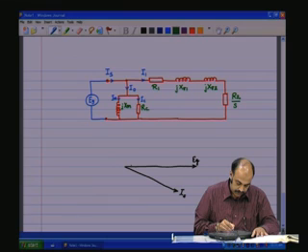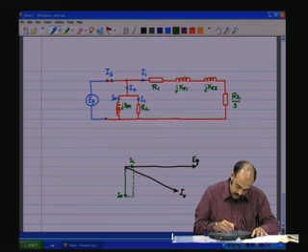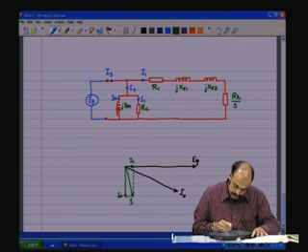So we have IC and we have IM, and that is going to give you I0. Resultant of that is I0.